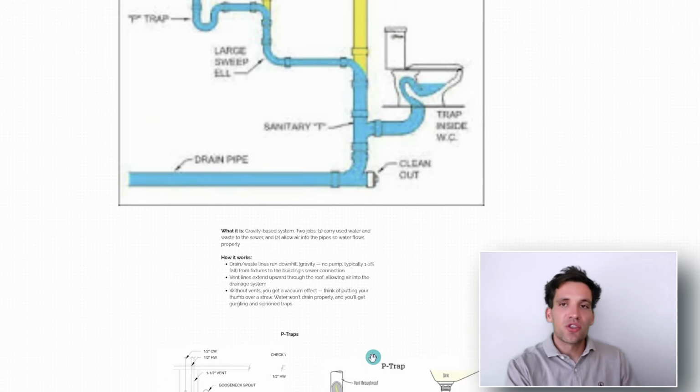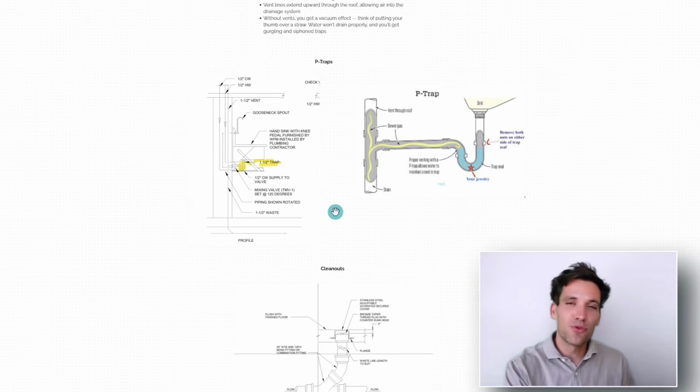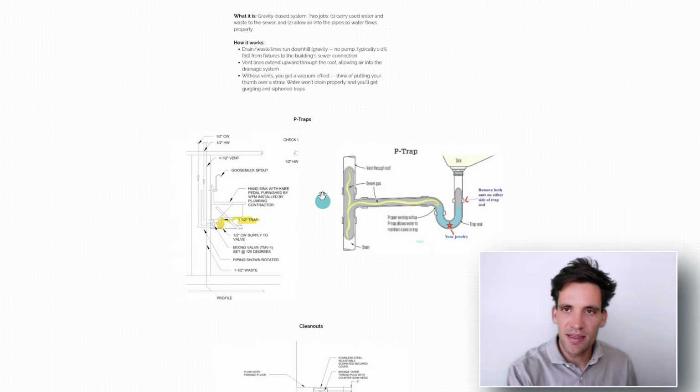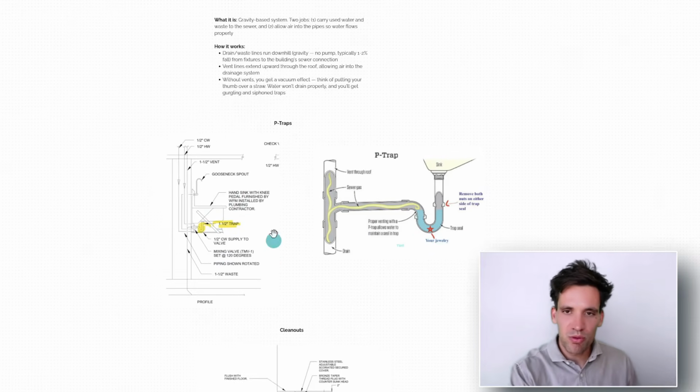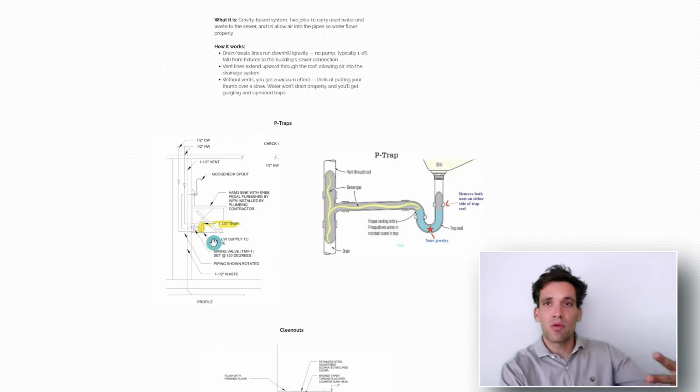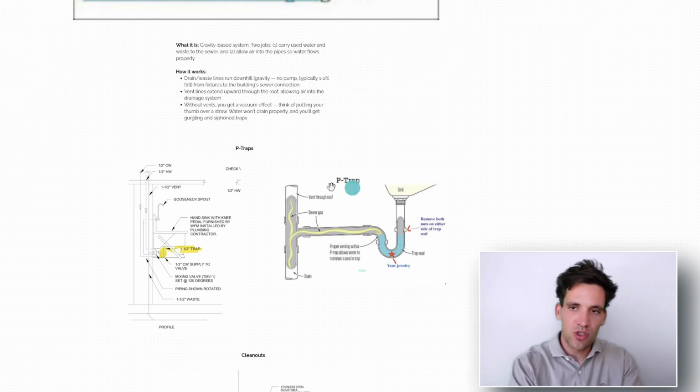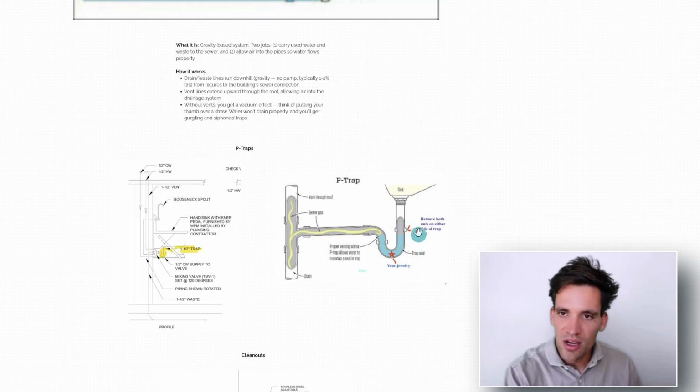So again, this is just gravity-fed pipe, but there's a few core components of it that we should understand. The number one, a P-trap. So you'll probably notice when you look in the section, well, I'll show you when we look at the section views of the drawings, but also if I just look at a blown up cross-section like this, what happens is on any sort of sewer pipe, you have this U-bend.